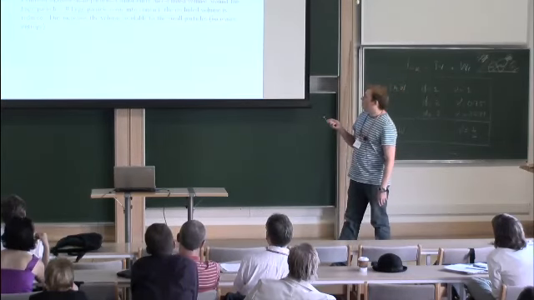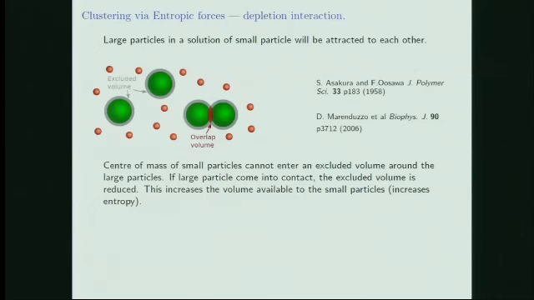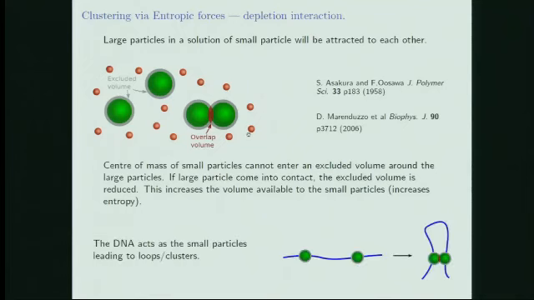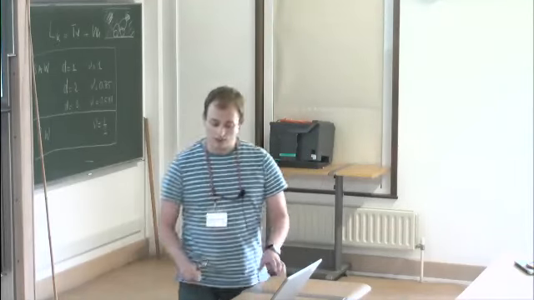And if two of the large particles touch, then there's an overlap between the excluded volumes, so this decreases the total excluded volume and increases the volume available to the small particles, so that increases their entropy. So there's an entropy-driven interaction between the large particles, and in our case, the DNA could be acting as the small particles, causing clusters or loops in the DNA to form by sticking together these larger particles.